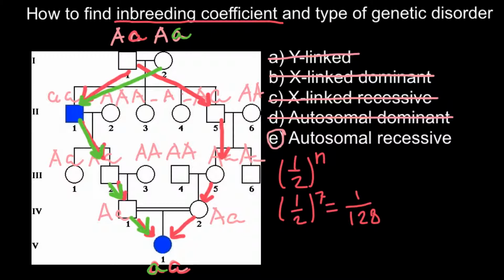And the second variant would be if this recessive allele goes here, here, here, and here. So once again, if we count nodes here, we would have 1, 2, 3, 4, 5, 6, and 7. So that means that we apply the same rule, and we are going to have 1/2 raised 7.